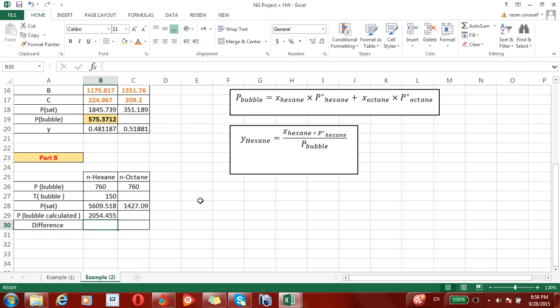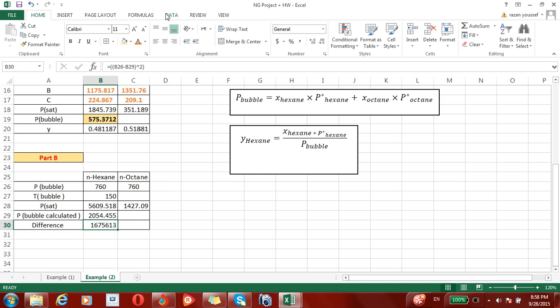Now I found the bubble point pressure, and I need to get the difference between the P bubble that was given and the P bubble calculated. Of course, squared, as I mentioned, because if it is a negative value, I want to get rid of the sign. So I got this value.